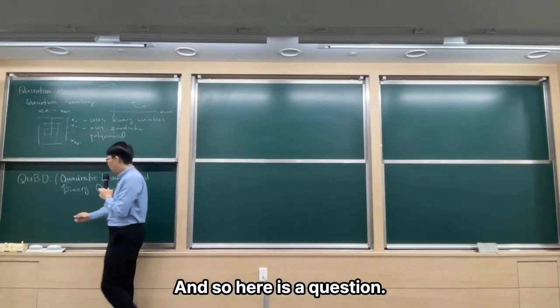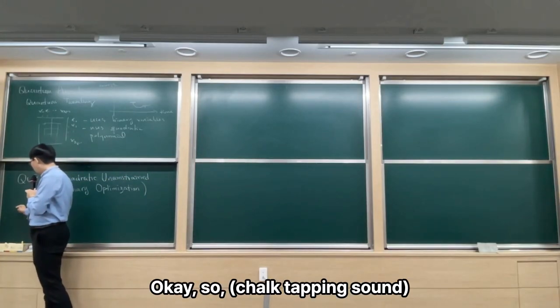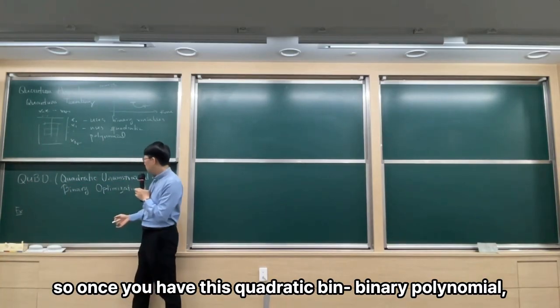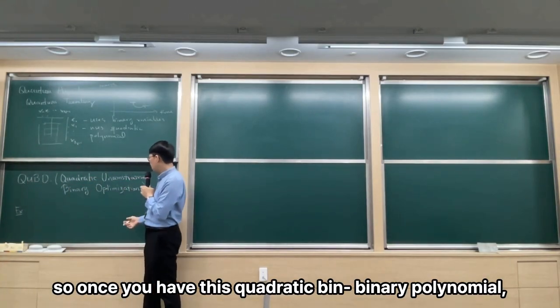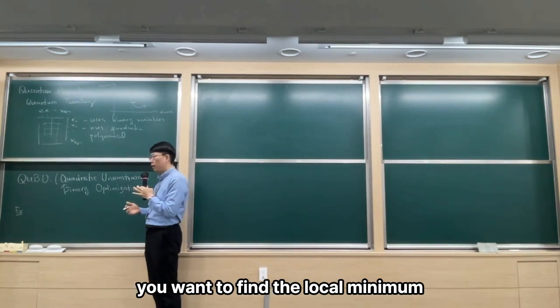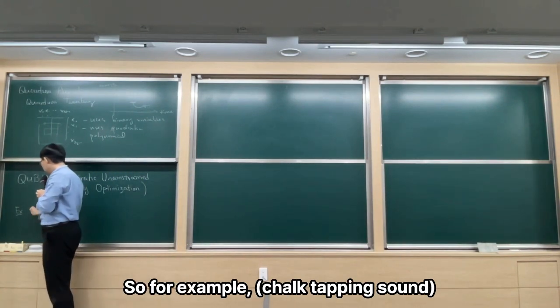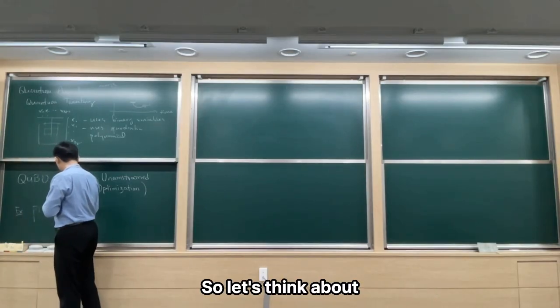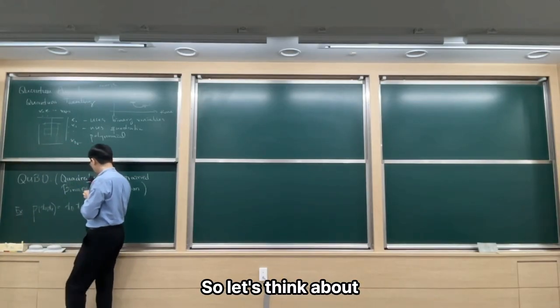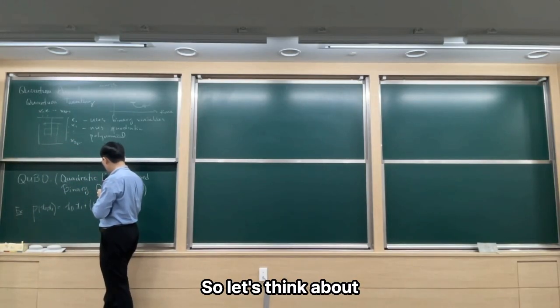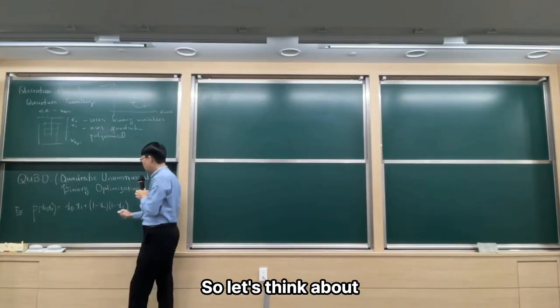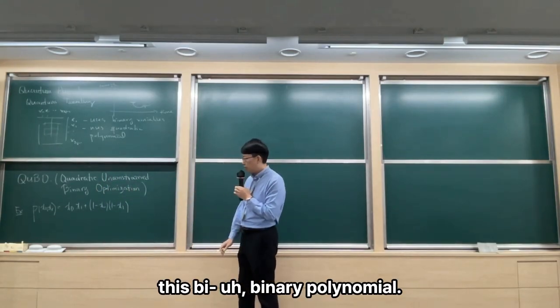And so here is a question. Once you have this quadratic binary polynomial, you want to find the local minimum using the quantum annealer. So for example, let's think about this binary polynomial.